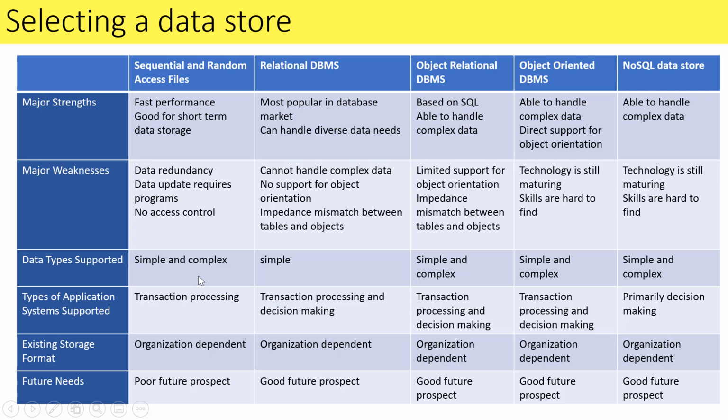Now, what are the data types that are supported? Basically, all of them can support both simple and complex. But relational database management system is usually best for data that is not that complex. Files can support, of course, transaction types of applications, and the same for relational, object relational, and object-oriented, and of course NoSQL.